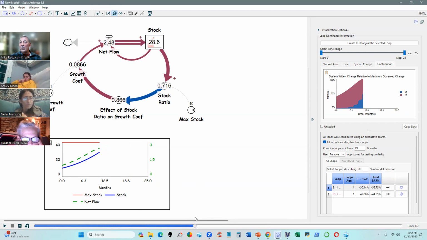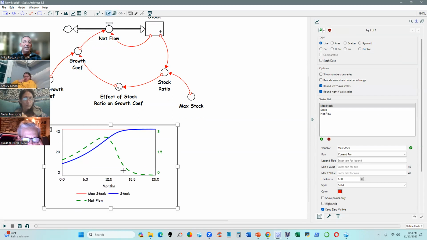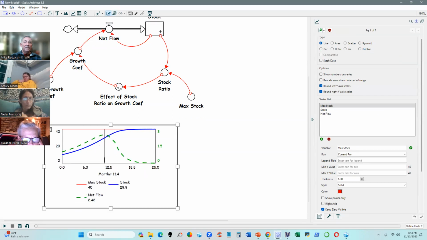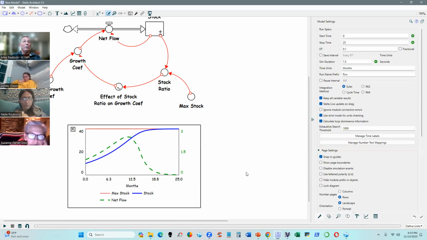Right there, it switches, right around, where are we at here? Time 10.8. And where's the net flow maxing out? Right around 10 point. It's a little harder to see with the dash. But you could use the loops that matter tool to see where the shift in loop dominance occurred as well.